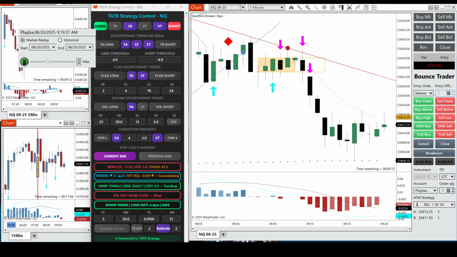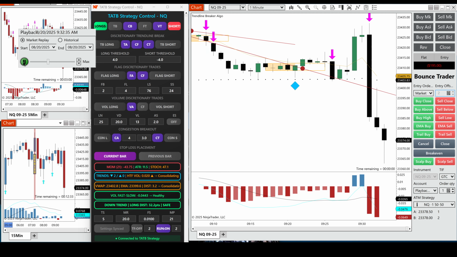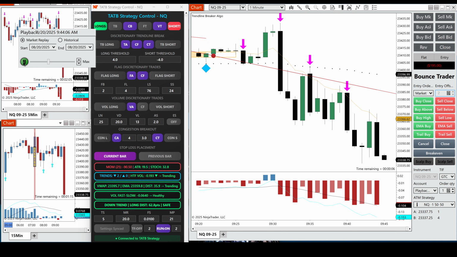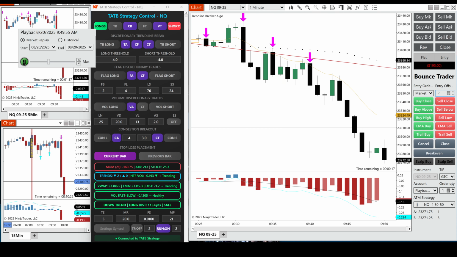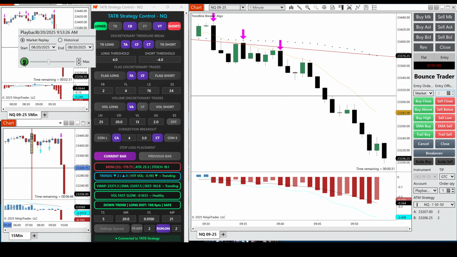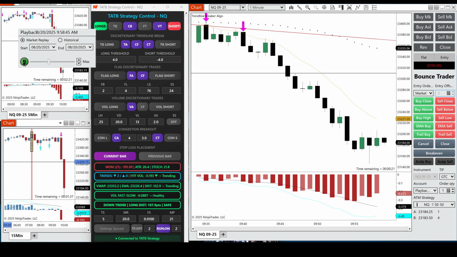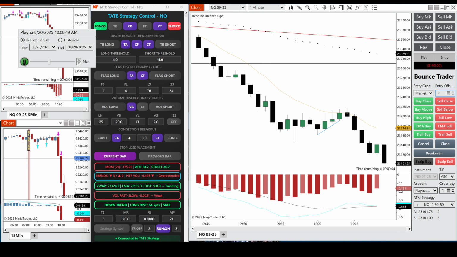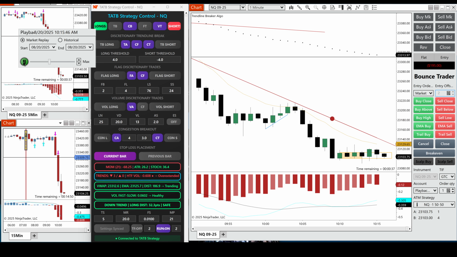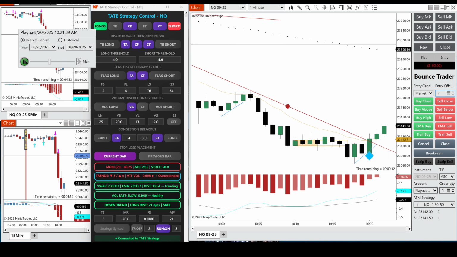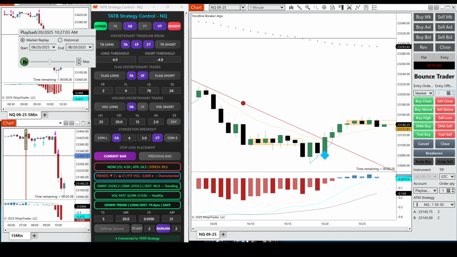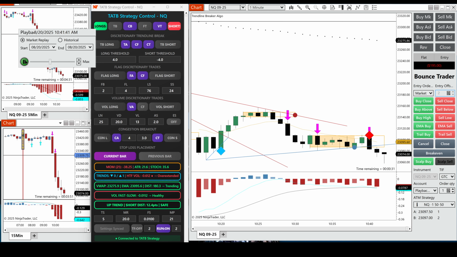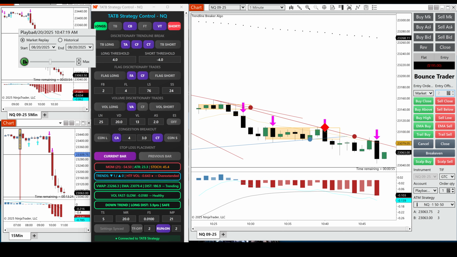Volume down setup. Flag down setup. Trend line flag down setup. Volume down setup. Trend line breakdown setup. Trend line breakup setup.